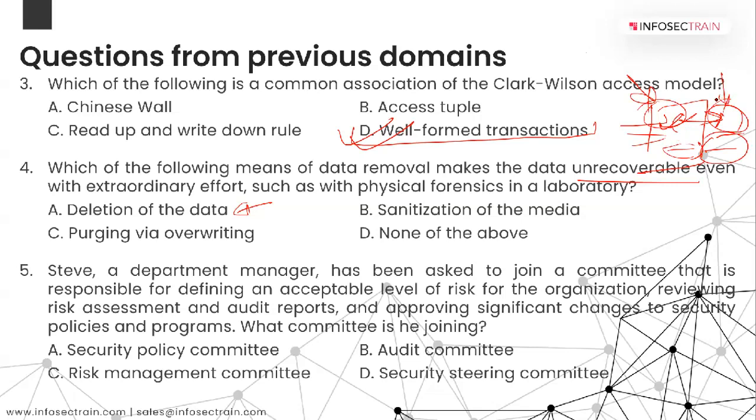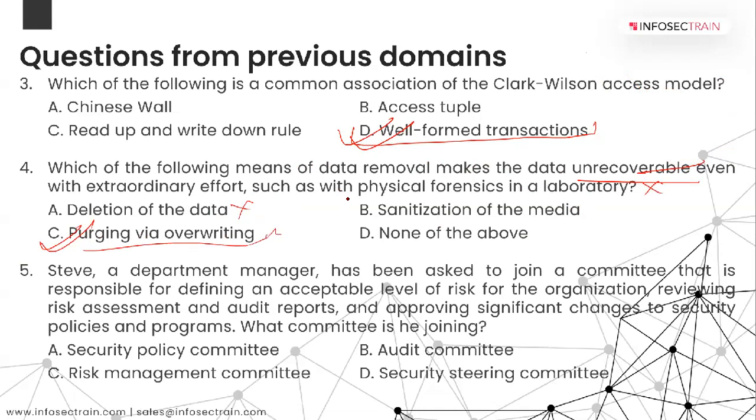So your data is still there, only the entry pertaining to the file name is removed. So deletion is not the case. We are using elimination here. Then sanitization generally is done to reuse the media, so that is also not the case. So purging seems like the right option here. So option C is correct.